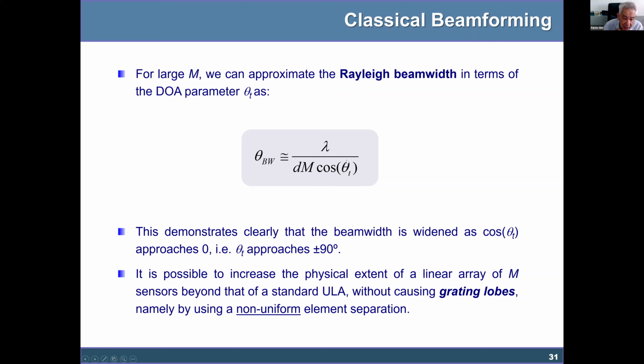But then you have the cosine of the source direction of arrival at the denominator. And so what happens? The closer the DOA theta t is to plus or minus 90 degrees, so when the direction of arrival of the source approaches end fire, cosine of theta gets smaller and smaller, and because it is at the denominator, the beamwidth gets larger and larger. And so when we deviate from the normal, the resolution gets worse and worse.